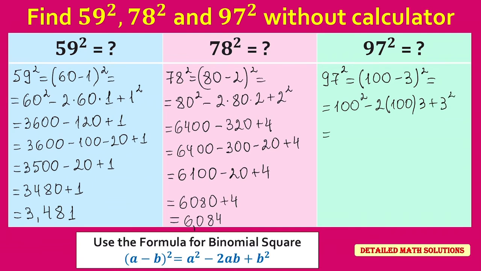When I calculate further, I get 10,000 minus 600 plus 9, or I have 9,400 plus 9, which equals 9,409.